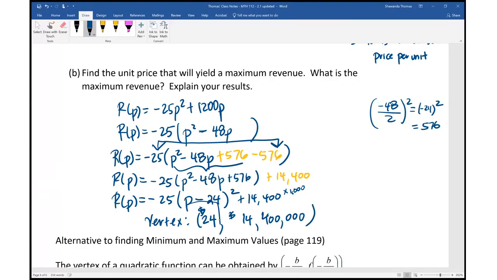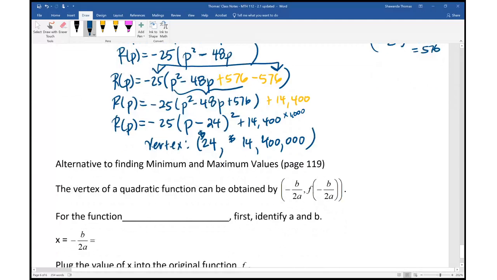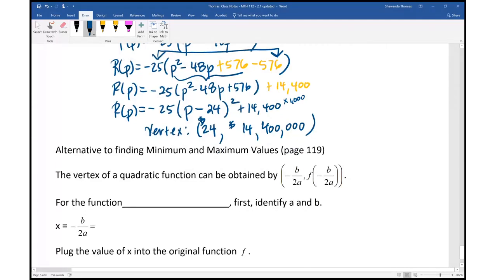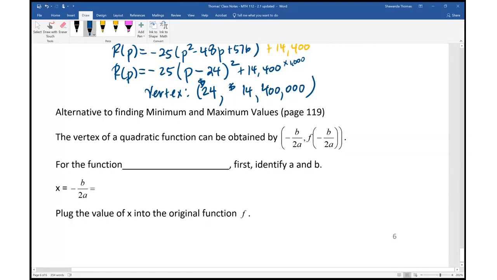This is what we want. This is valuable information for a company. What is the price point? What price point should we sell this product at so that we can get the most money?